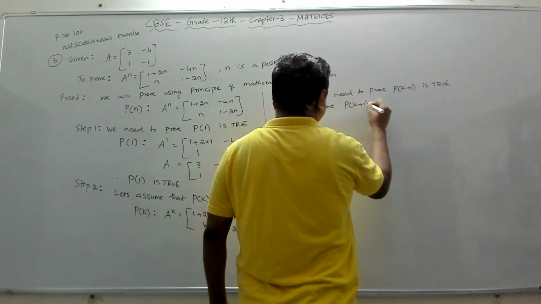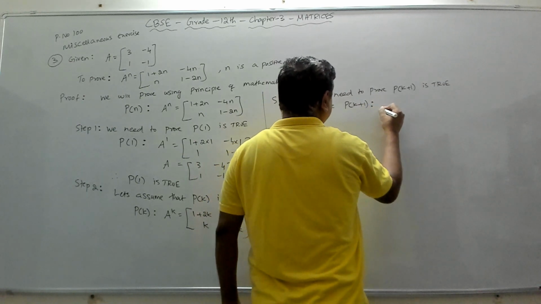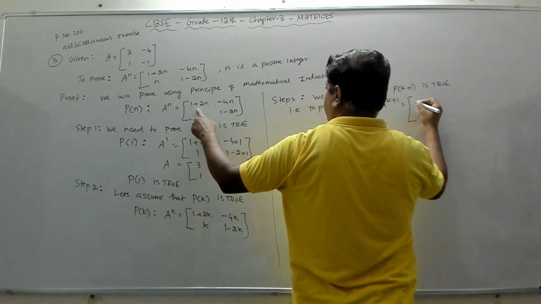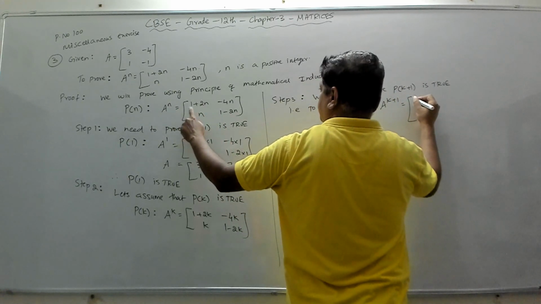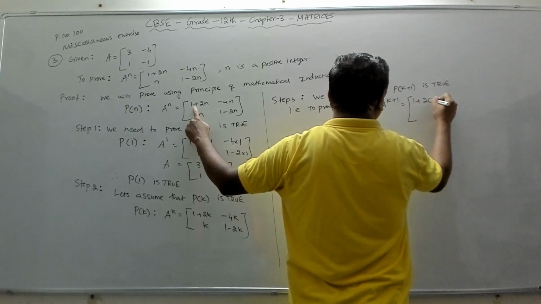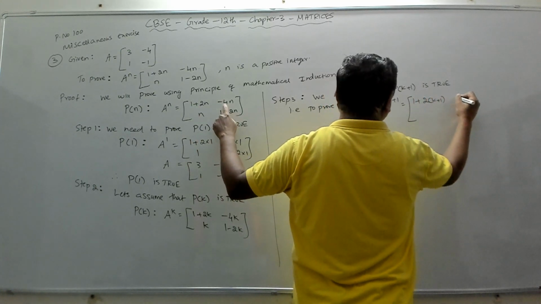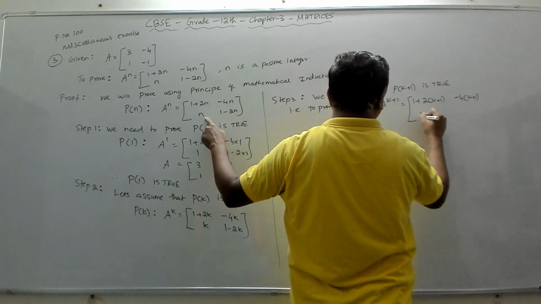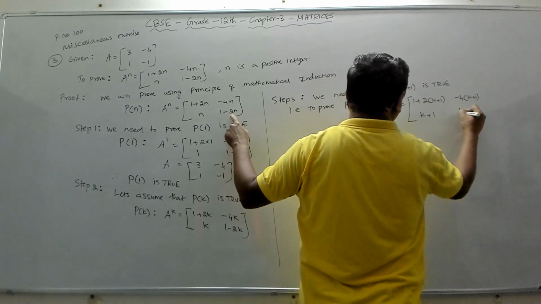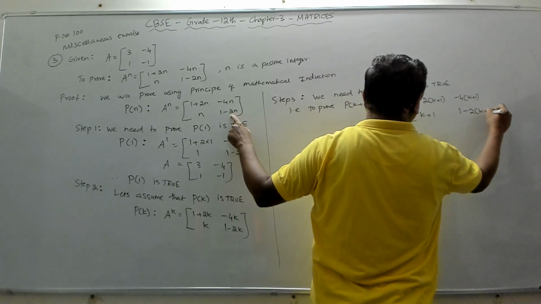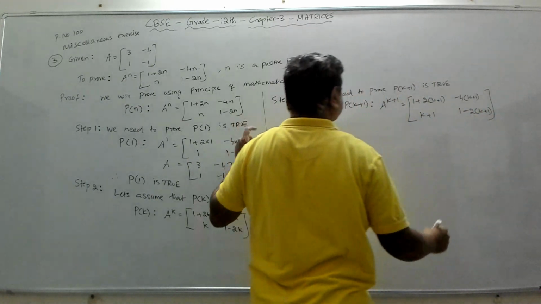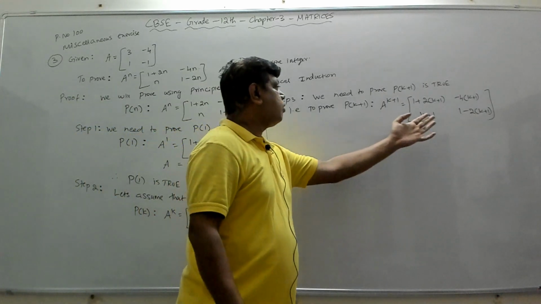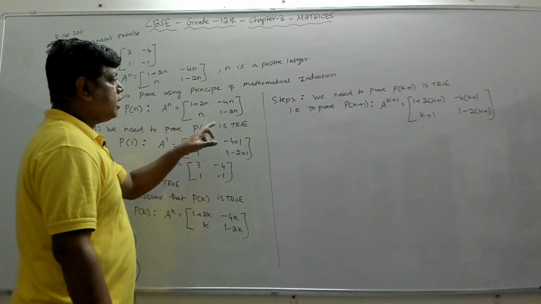P of k plus 1 is A power k plus 1 equal to, wherever n is there, I am putting k plus 1. So it will become 1 plus 2 into k plus 1, minus 4 into k plus 1, then k plus 1, 1 minus 2 into k plus 1. So this is what we have to prove. You have to show this A power k plus 1 equal to this. Wherever n is there, I have put k plus 1.